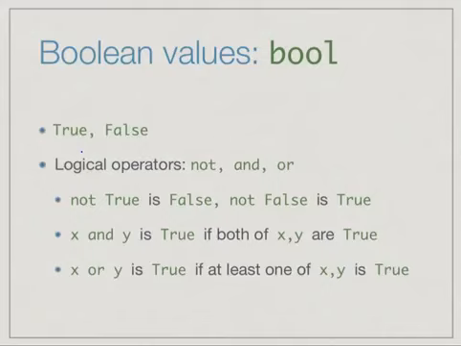So when we use or in English, we usually mean either the first thing will happen or the second thing will happen, but not both. But in computer science and logic, or is a so-called inclusive or, not exclusive. Both may happen. So x or y is true if at least one is true. One of them must be true, but it's also possible that both of them are true.